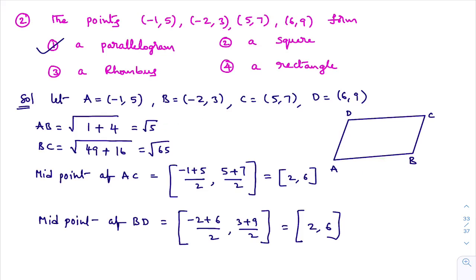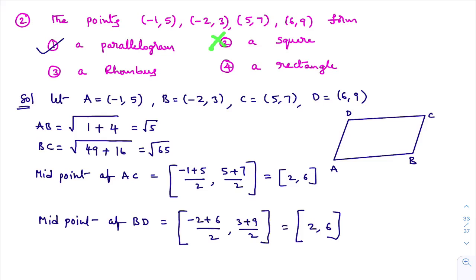Now I will calculate BC. BC: minus 2 minus 5 whole square, that is 49, plus 3 minus 7, that is minus 4 whole square, is 16. 49 plus 16 is root 65. Here I identified that AB and BC are different. You observe that 4 options are there. The second option is not possible because here 2 sides are different.